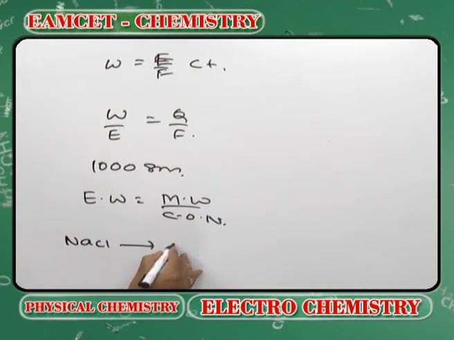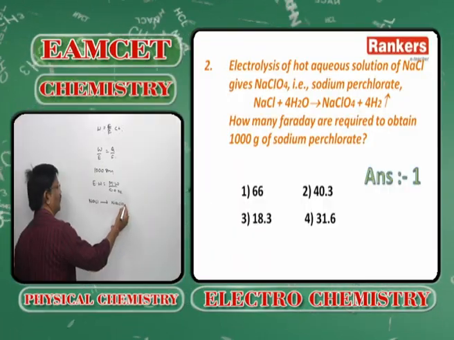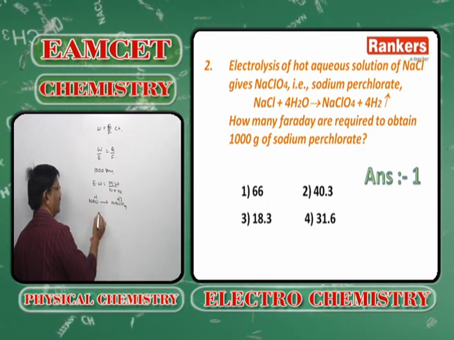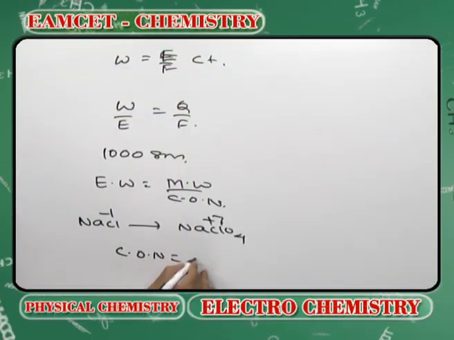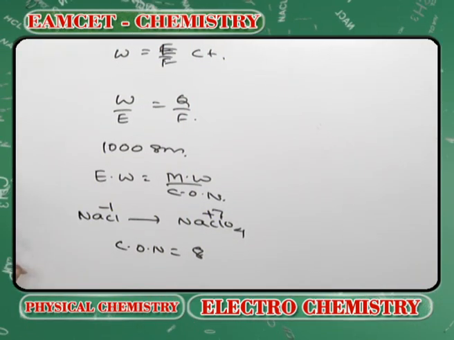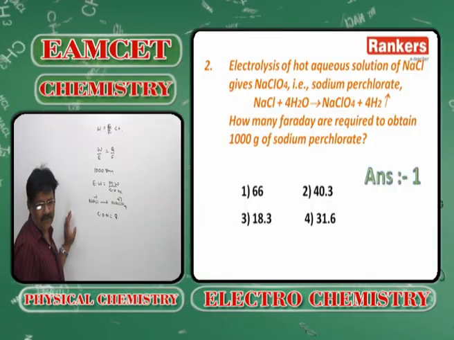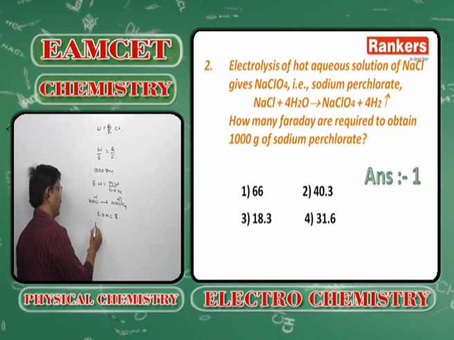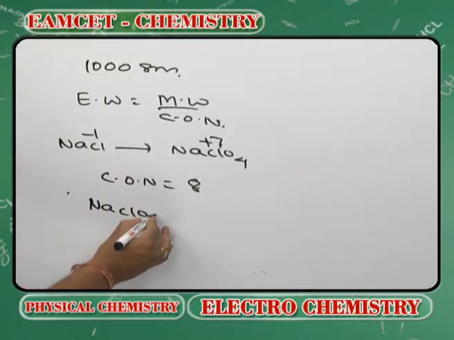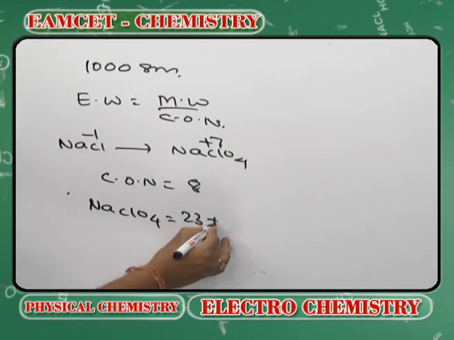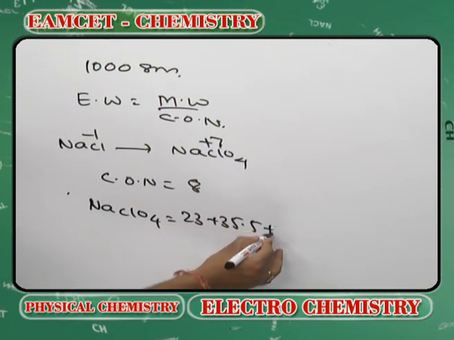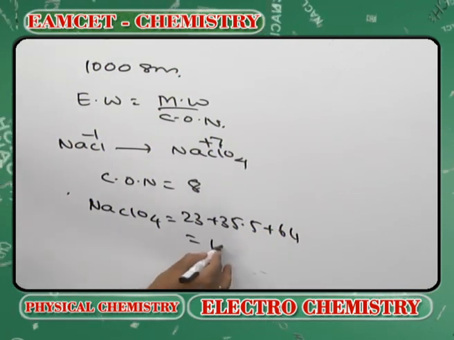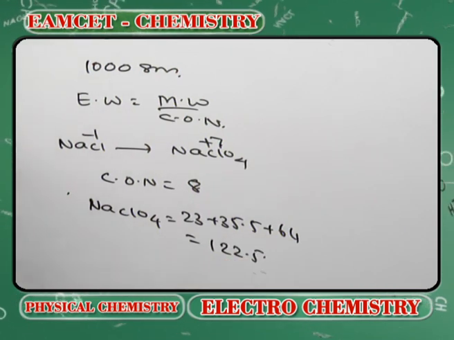NaCl is getting converted into NaClO4. What is the oxidation state here? +7. What is the oxidation state here? -1. Change in oxidation number is equal to 8. What is the molecular weight of the sodium perchlorate? Sodium is 23, plus 35.5, plus 64. 58.5 plus 64 is 122.5.